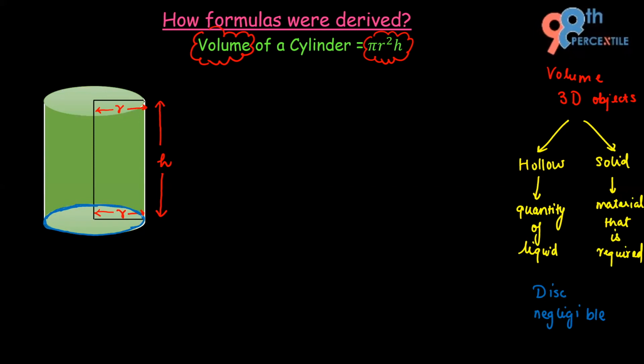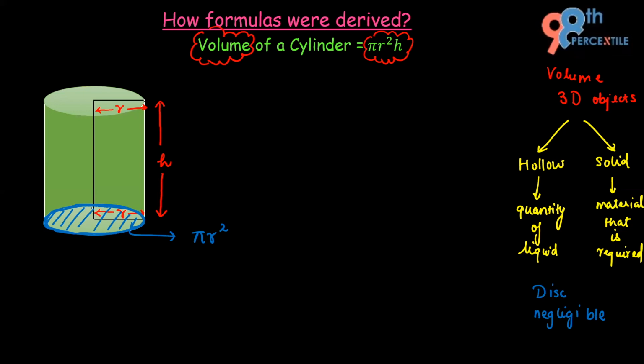So right now, forget about the cylinder and just concentrate on this disc. What is the amount of solid that is required to make up this disc? That is nothing but the entire area of this disc. Since a disc is a circular object, it has an area of pi r square. If you want to understand how the area of a circle is pi r square, you can watch the previous videos.